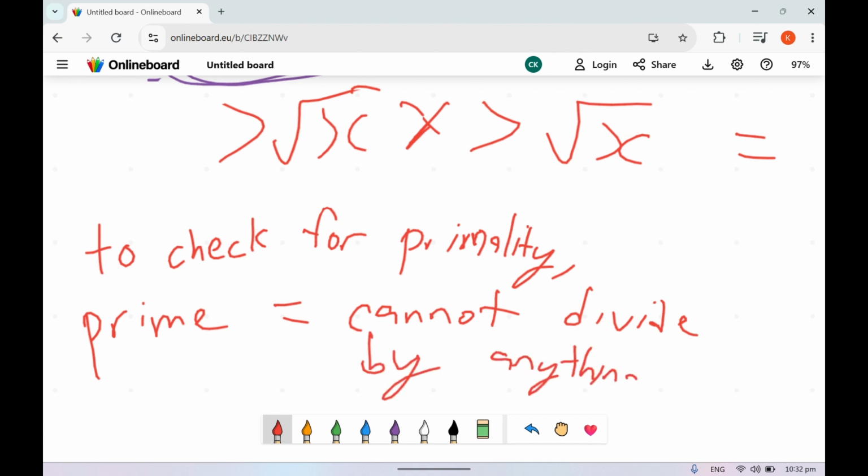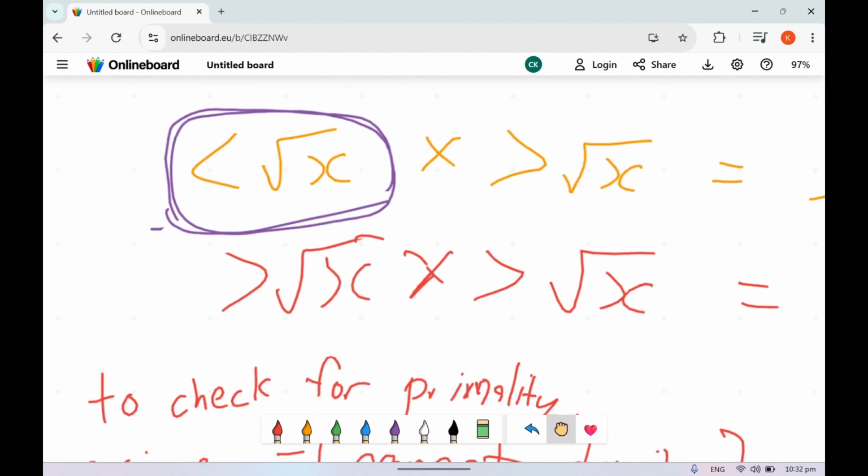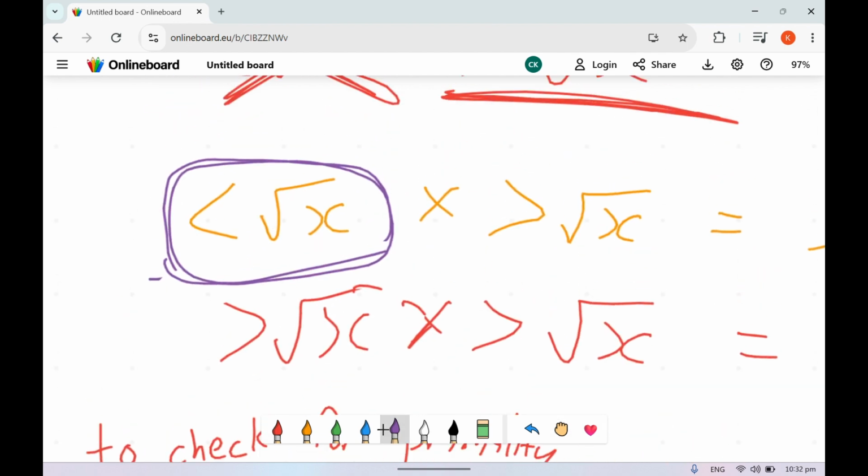Prime means cannot divide by anything. That's the ideology we'll have. So some people like to say I check that it cannot divide by the things smaller than the square root of x, and also cannot divide by things greater than the square root of x. But as I said, we only need to check this. We don't need to check this.